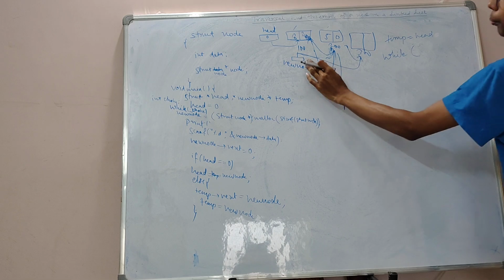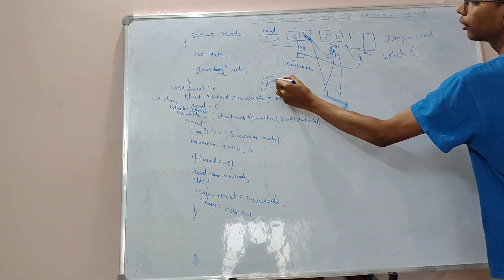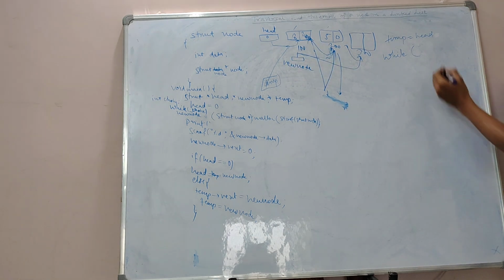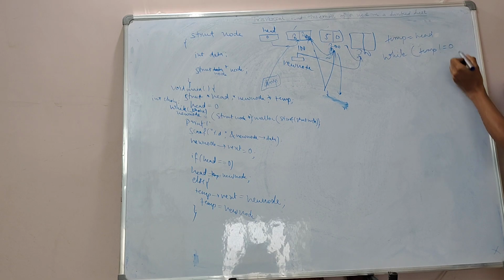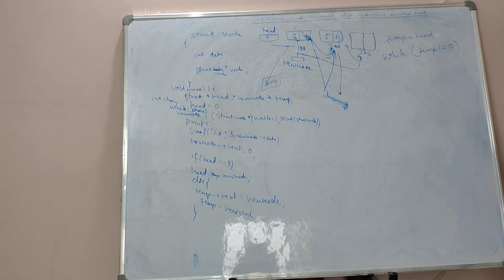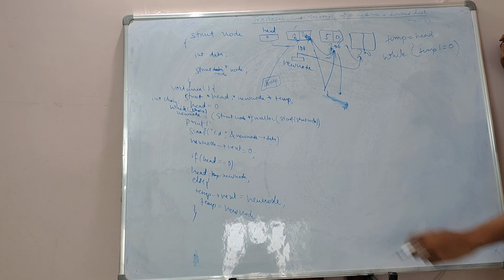That means my temp will be pointing towards my first node, and until my temp does not equal null, that means using a while loop again and again, until and unless I make my temp pointer null, I will run the loop and print my data, right?